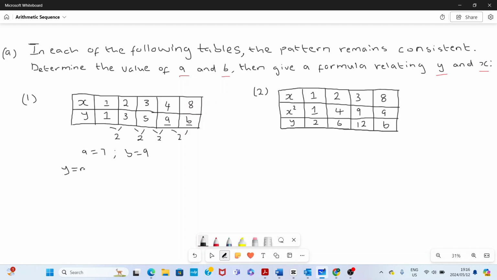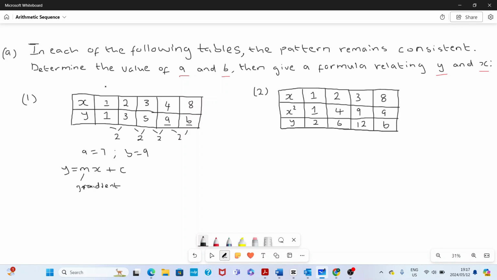So if I want to look at this as a straight line, if you know the equation of a straight line, you will remember how we find our m, which is the gradient. We would take a pair of coordinates.